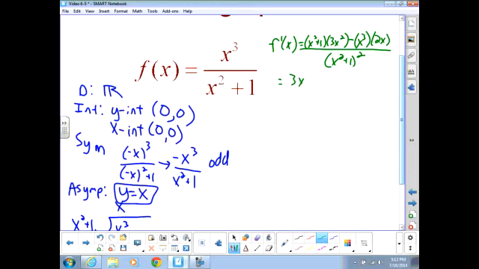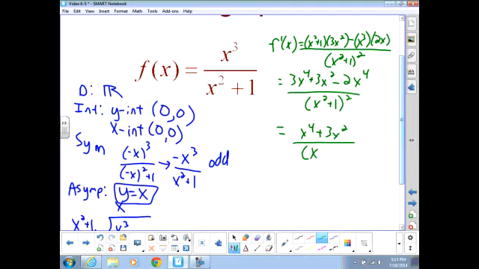We'll have 3x to the 4th plus 3x squared minus 2x to the 4th, and that'll all be over our x squared plus 1 squared. And when we simplify the top, we'll get x to the 4th plus 3x squared over x squared plus 1 squared.